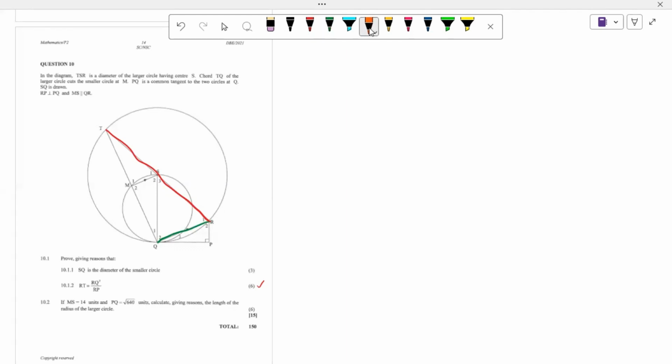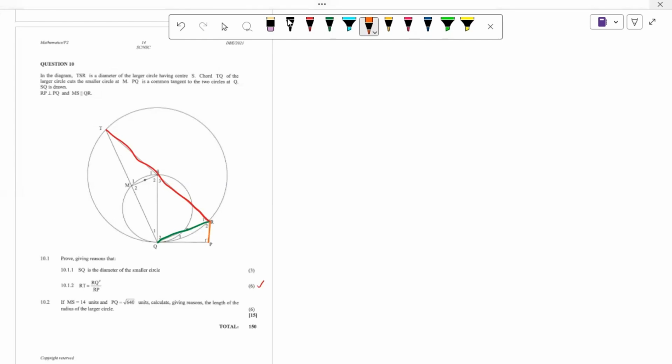And here's my RP. So me highlighting these lines is also helping me to make sense of what I have to do. All right.